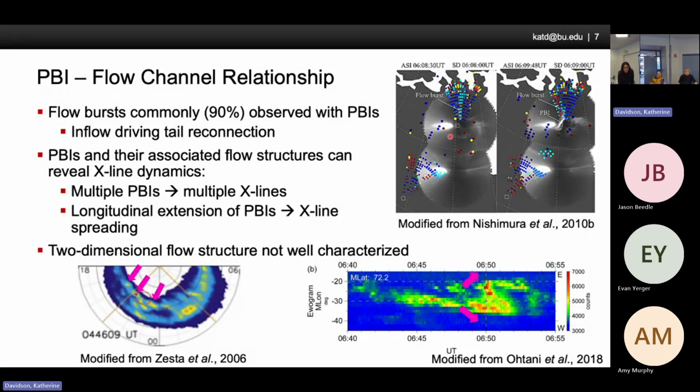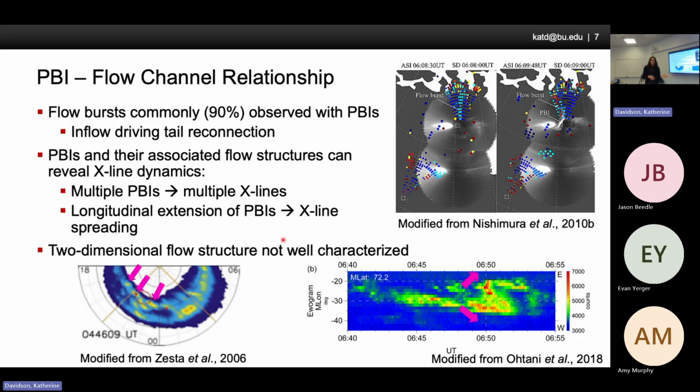And this figure on the right shows ASI images, just auroral images of the aurora, and the SuperDARN radar data overlaid on top of it. You can see this flow burst coming in as this teal narrow channel of flow. And that's about 2 minutes before the initiation of a PBI here. So this is what we're referring to when we see this flow burst triggering PBIs.